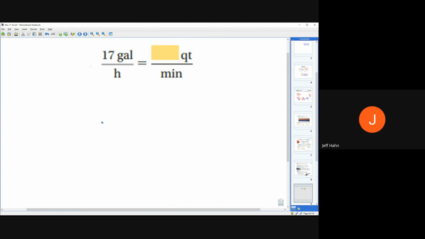Just remember, labels, labels, labels. Thirty more seconds. I don't need you to do the whole problem, I just want you to set it up. I don't care about the math, I care about the labels and the setup process here.